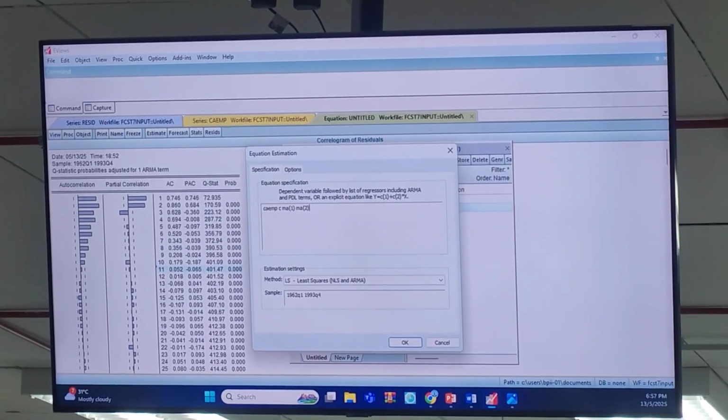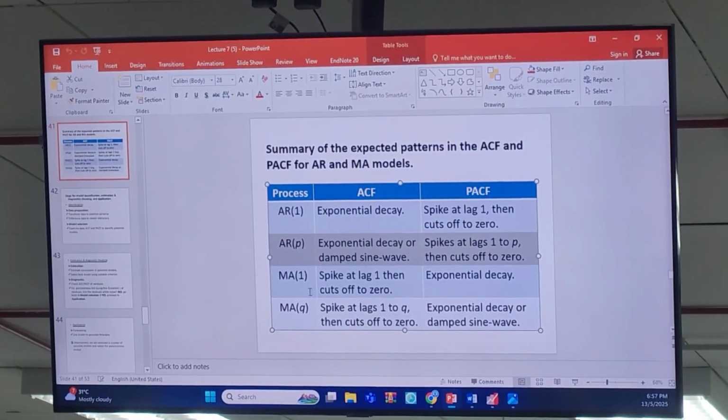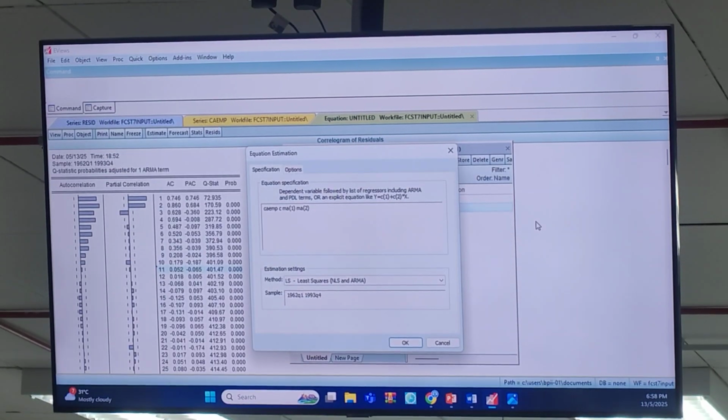You have to put MA1 as well, because theoretically MA2 has theta 1 and theta 2. So put both MA1 and MA2, even though the ACF at that lag is not significant. Later we have an example. If you want to estimate that model, you have to include everything.